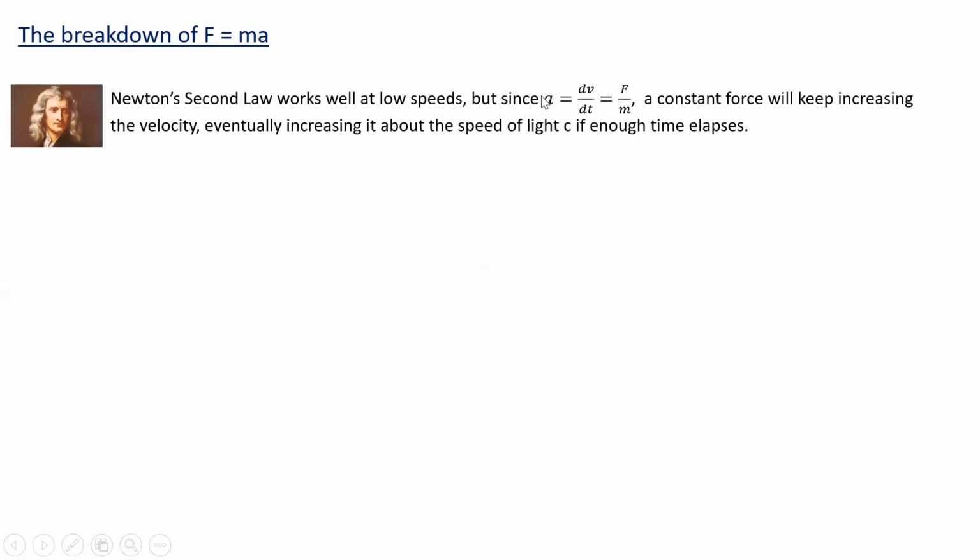Since it says that a, which is the derivative of the velocity, dv/dt, is equal to F over m, that's just a rearrangement of F equals ma, a constant force F will keep increasing the velocity, and there's nothing in principle to stop that from happening, so it eventually could increase it above the speed of light if enough time elapses.